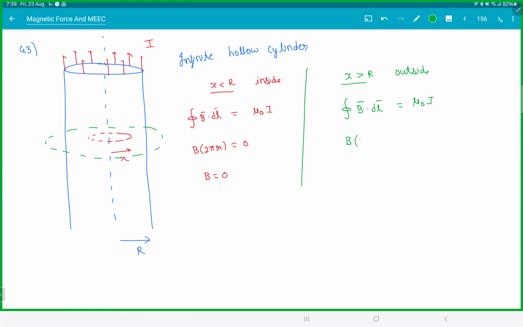So this is B into 2 pi x equals mu naught I. If you try to plot the graph, there's no field inside, then suddenly there's a discontinuity and it decreases outside. You should definitely remember these results. You can't derive them with Biot-Savart's law. Just like hollow sphere and solid sphere in electrostatics, hollow cylinder and solid cylinder in magnetism.